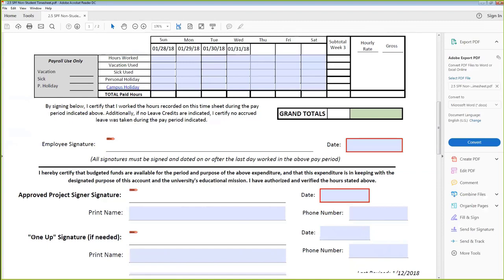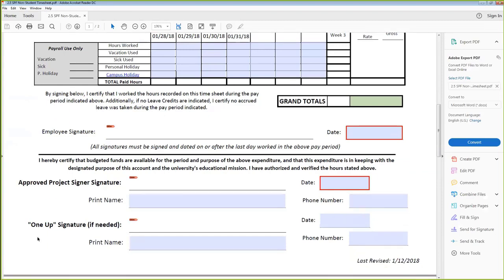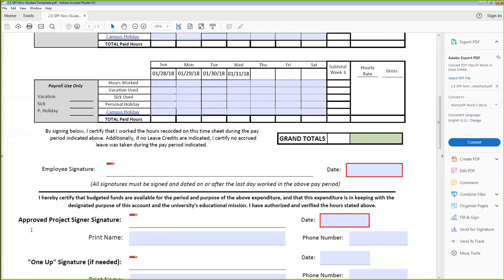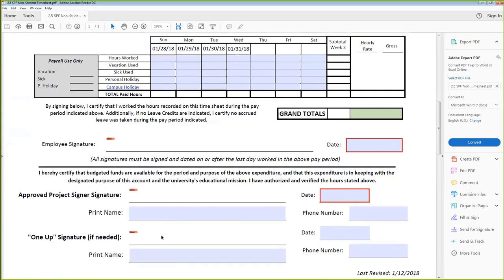However, if this was Kristen Johnson, who's the principal investigator for the SBDC grant, and this was her time card, she could sign as the employee, she could sign as the project signer, but she would need a one-up, who would be the executive director, Steve Karp, her boss, because she can't sign for her own paycheck, basically. She needs to have someone else also verify this.